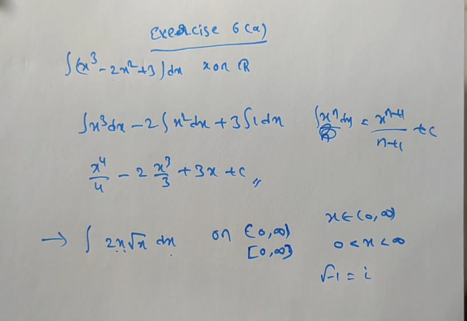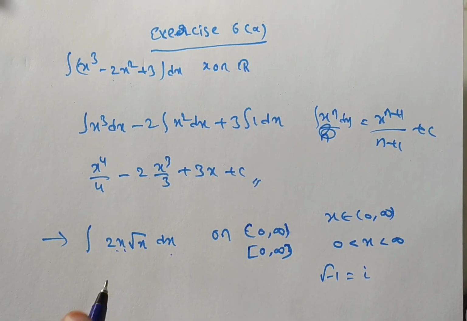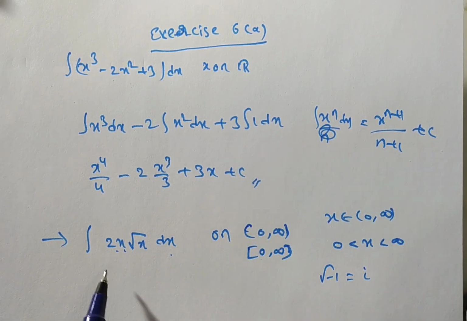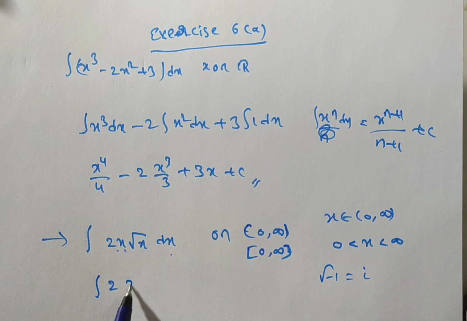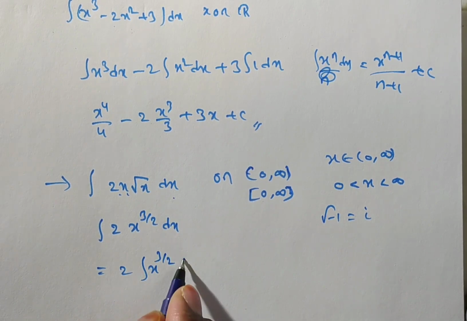Now we will solve the problem. Is it in the form of directly x to the power of n dx? No. So we have to convert it into standard form. So 2 into x power 1 by 2, that is, x to the power of 3 by 2 dx. So you can write this as 2 times integral x power 3 by 2 dx.